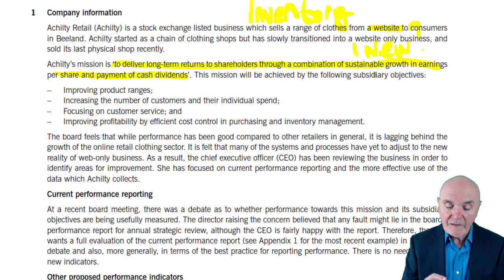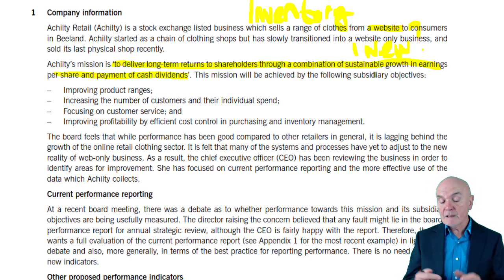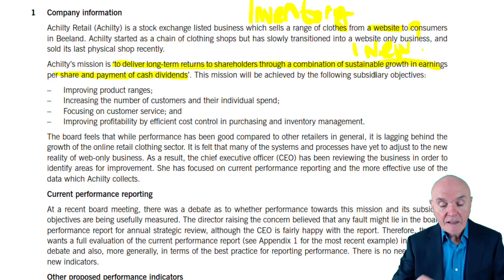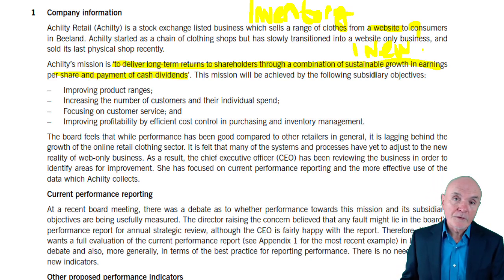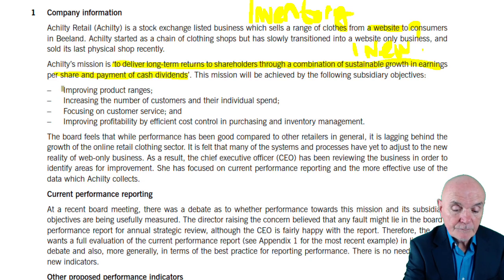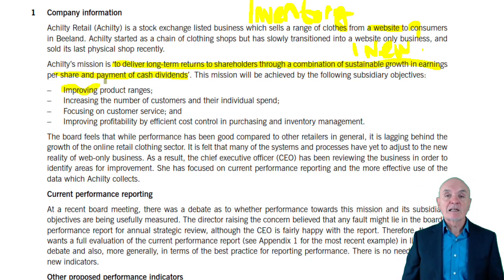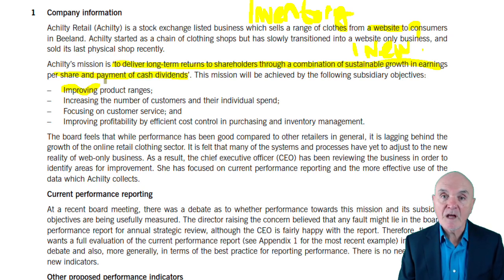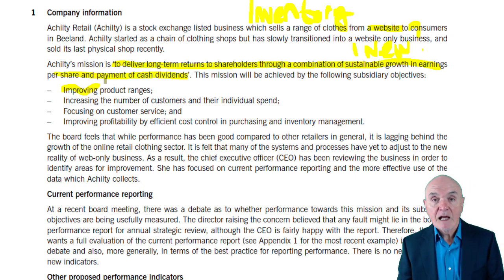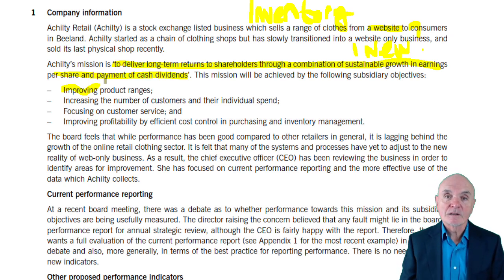One little area I'll highlight now, although you may not have picked it up in the first reading here. It does not say more product ranges, it says improving product ranges. A company could easily double the numbers of types of products it sells, but if it hardly sold 50% of those, it could say, well, I've increased product ranges, but that's not improving product ranges.